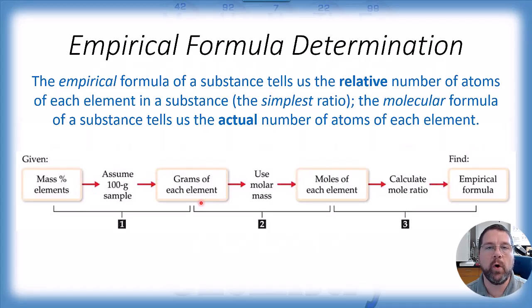Before we take those quotients and use them as subscripts, we have to get rid of any fractional decimal values. For instance, if you ended up with 0.5 for one of those quotients, you would need to multiply not only that quotient, but all of them by 2, so that you eliminate the 0.5. If you get one that ends in 0.25, then you have to multiply everything by 4 to clear that out.